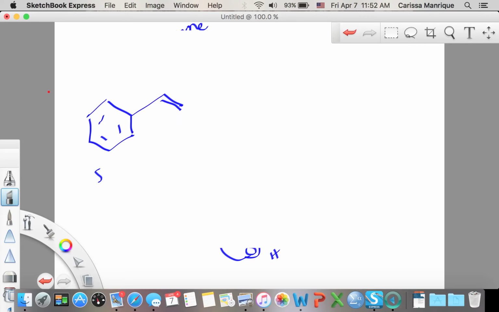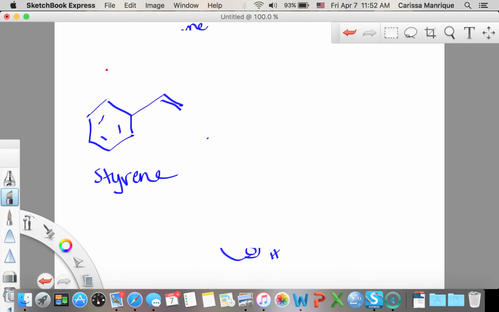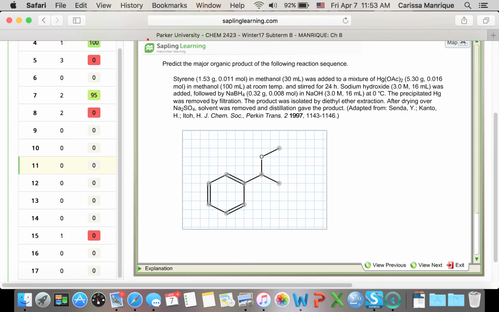Like this. This is called styrene. Okay, and it says in methanol was a mixture of Hg(OAc)2 in methanol. So let's put that. So inside of here, we have methanol, which is just CH3OH, and then Hg(OAc)2. With some sodium hydroxide followed by NaBH4.